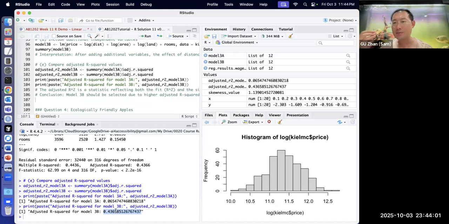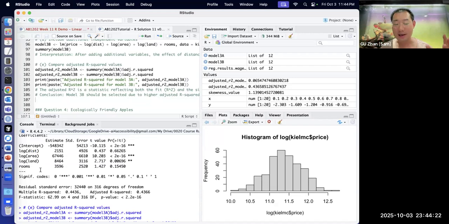So that means there are some more important variables which are unknown to us at the moment that can potentially explain the variation in the price, why some prices are higher and lower, even with the distance, area, land, and rooms all the same.